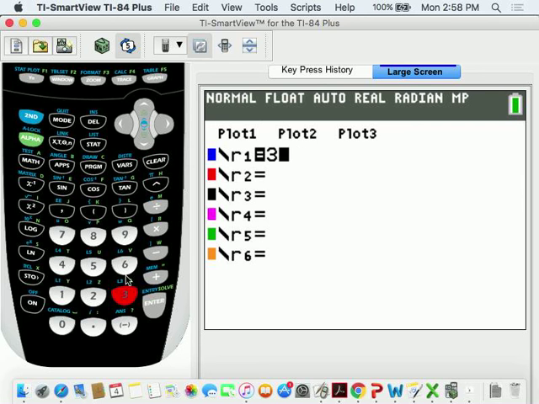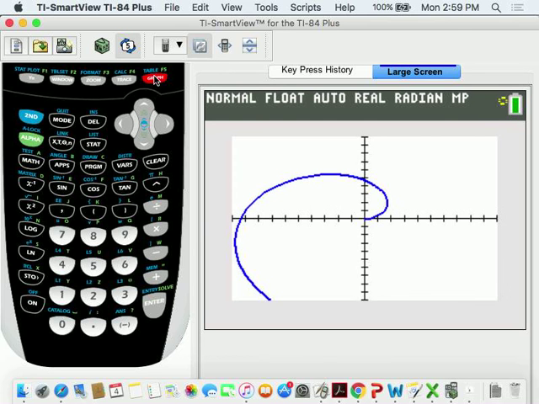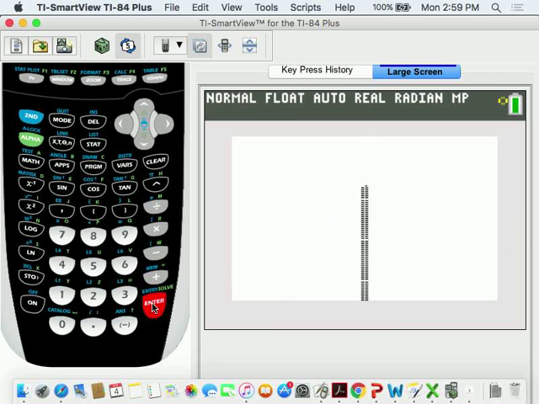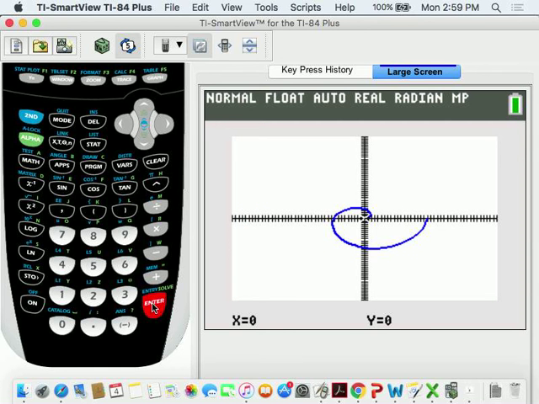So we're going to do 3 theta, all right? And we are going to graph this. Looks like I might need to zoom out a little bit, right? Let's go zoom. I'm going to go to option 3 and zoom out so I can see the full spiral.